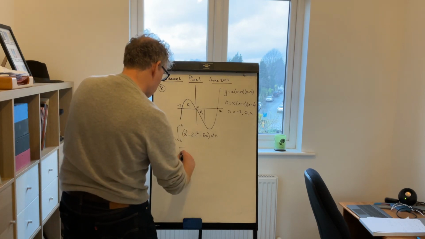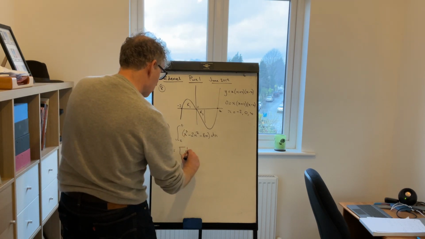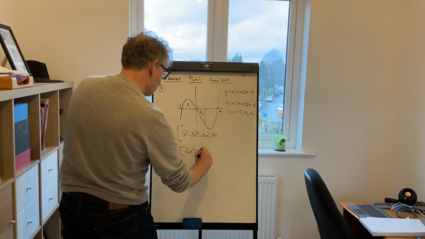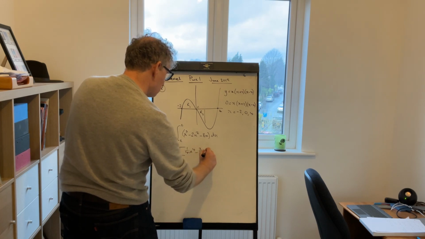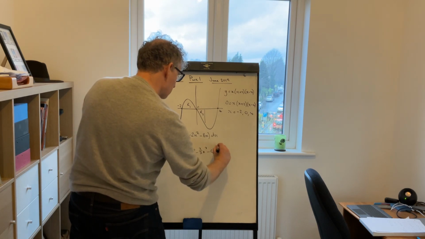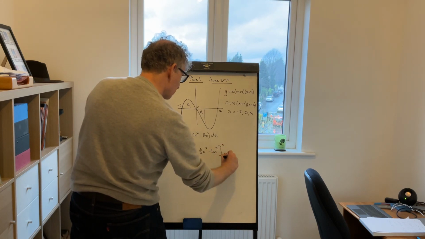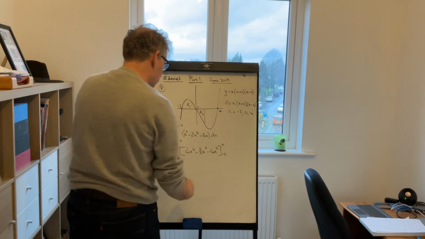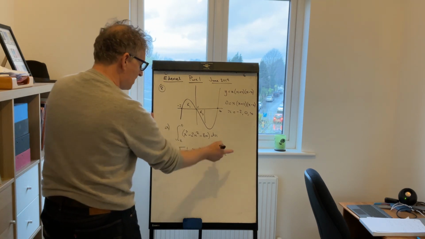Away we go, we plug it all in. We've got a quarter x to the 4, minus 2/3 x cubed, and minus 4x squared. And we just substitute 0 and minus 2 in. Putting the 0 in, we get nothing.